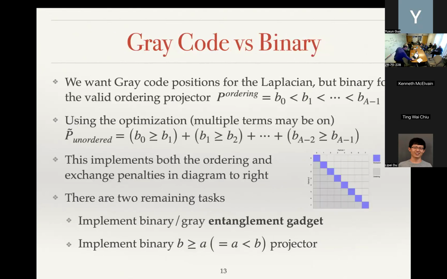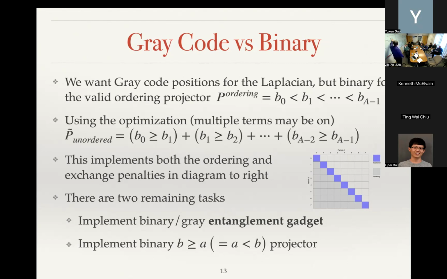And I use that for gray code and binary, because if you remember, I said I needed to implement this A less than B less than C less than D. Well, it turns out less than on gray code is a pain, but it's pretty simple in binary.